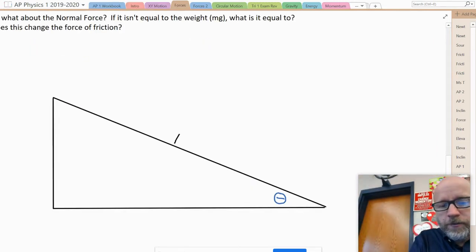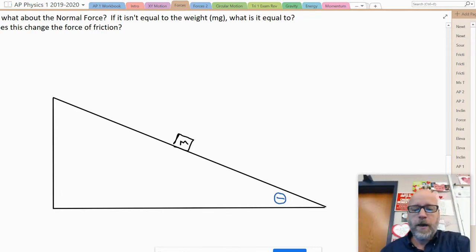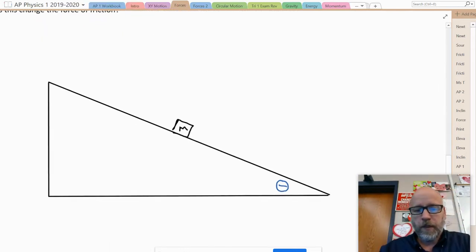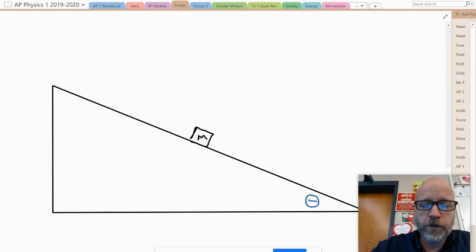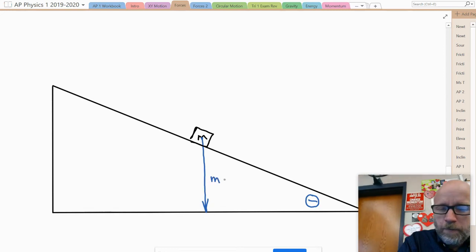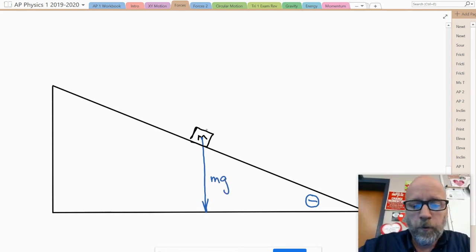And I'd like again to draw in all of the vectors. So we're going to let that mass be m. Now acting straight down is going to be the force of gravity, mg. Go ahead, do it. I know you just did. Good. The normal force is going to be perpendicular to the surface.